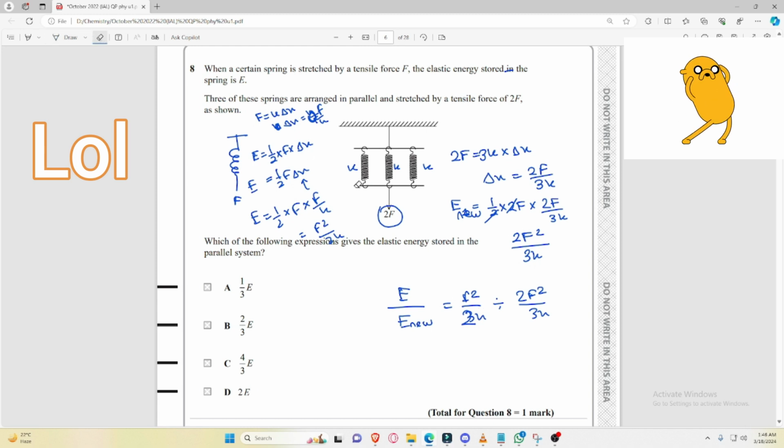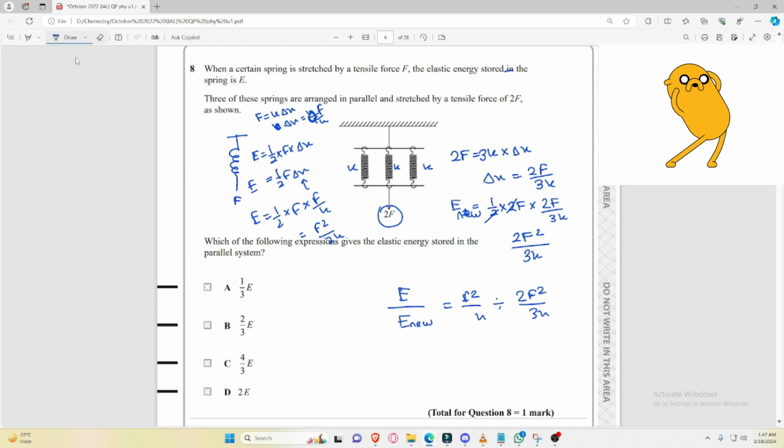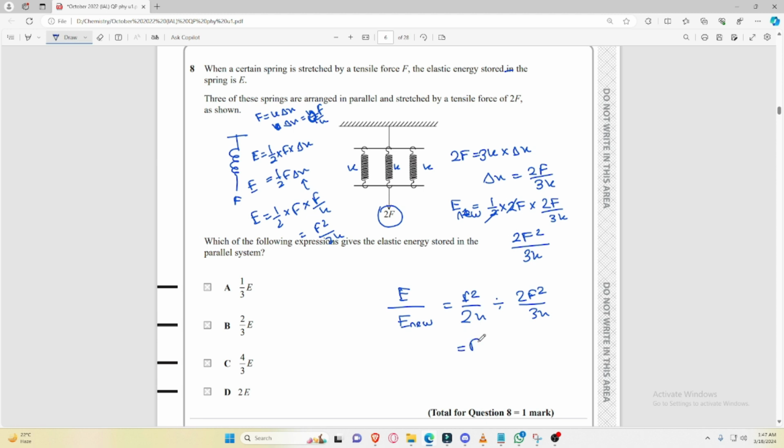My handwriting I did not recognize. F square by 2K and 2F square by 3K. Now if I do division, F square by 2K multiplied with 3K by 2F square, F square out, K out. So E by E new, it is how much? 3 by 2.